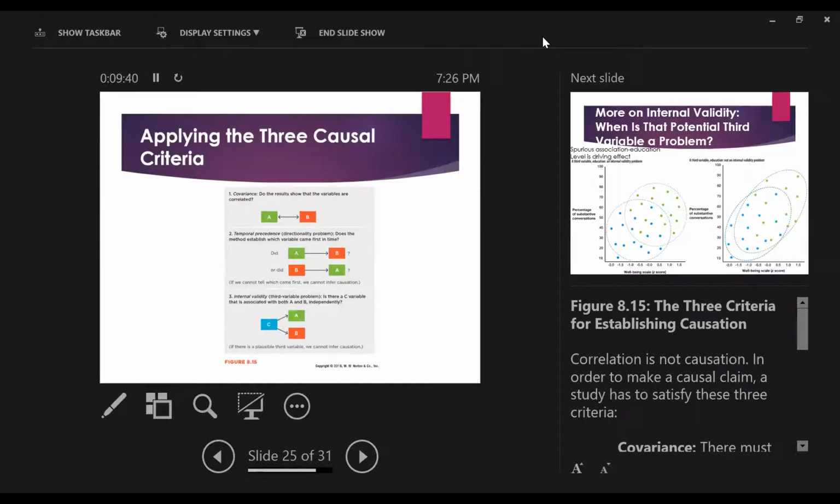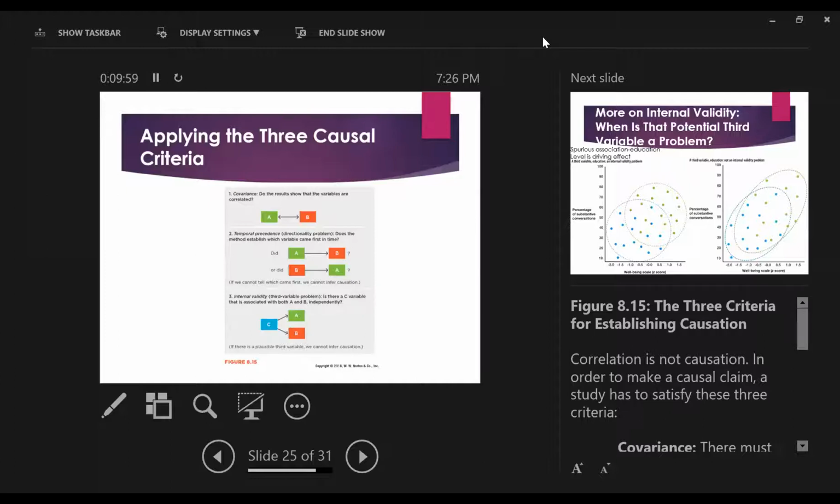So covariance, again, is do the results show that the variables are correlated? Covary, their level of variance mimic one another. Temporal precedence is a directionality problem, what I was just talking about.